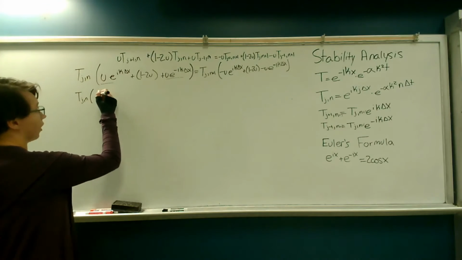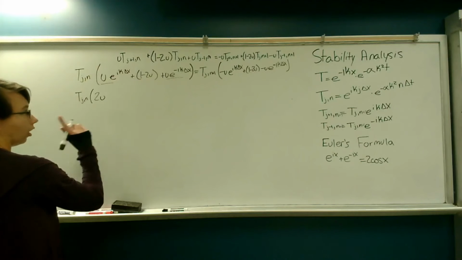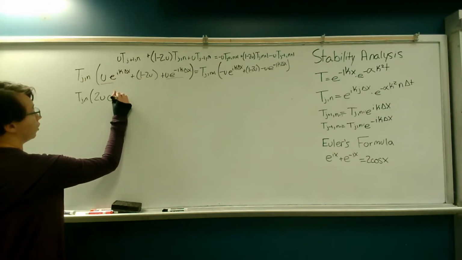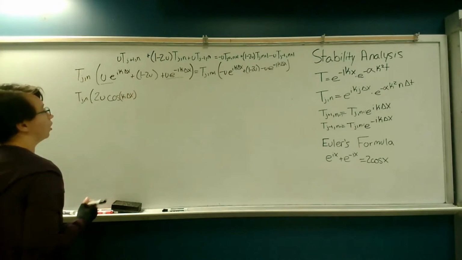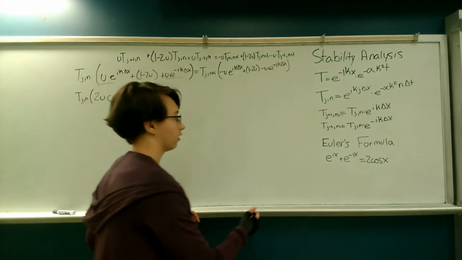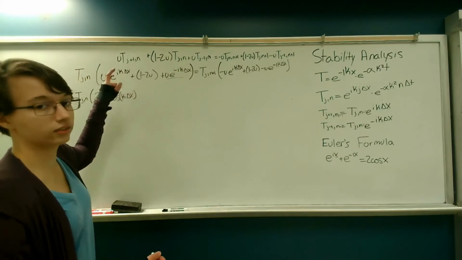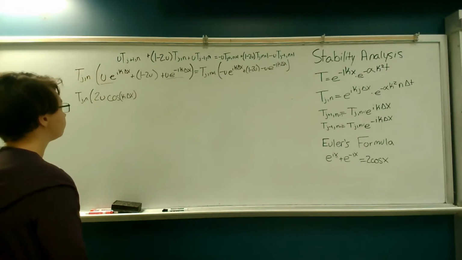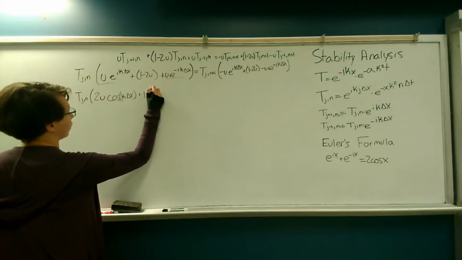So we can make that as 2u, because the u is still there, times cosine of k delta x, because in this case, this general x here is represented by this k delta x that we have. So then we'll have that plus the 1 minus 2u.